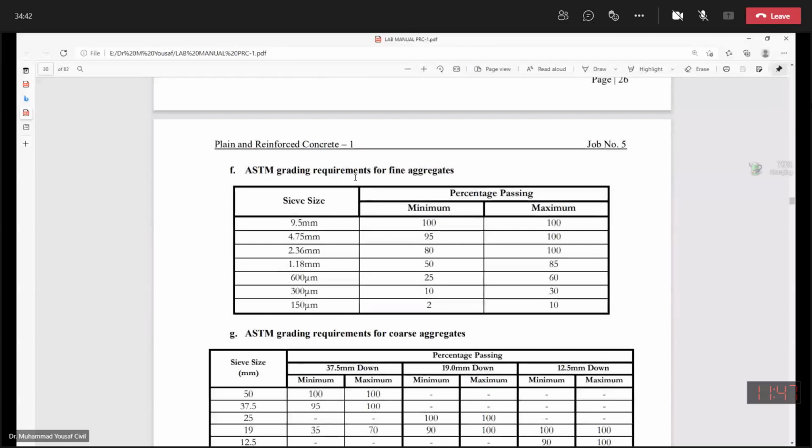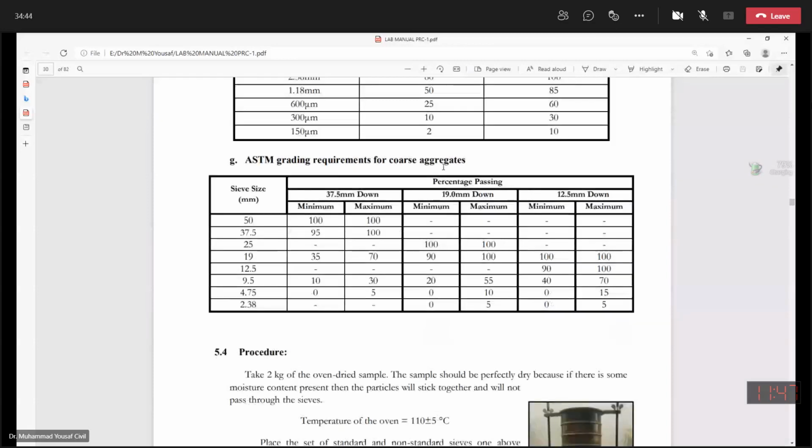For the coarse aggregate, if the material has a maximum size of 37.5 millimeter and all other material is smaller than this size, then the values will be 100 and 100, 35 and 70, 10 and 30.